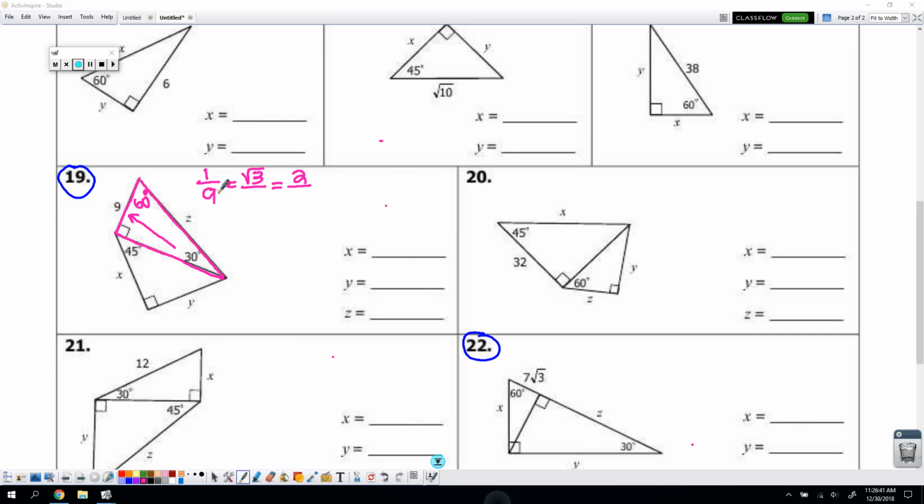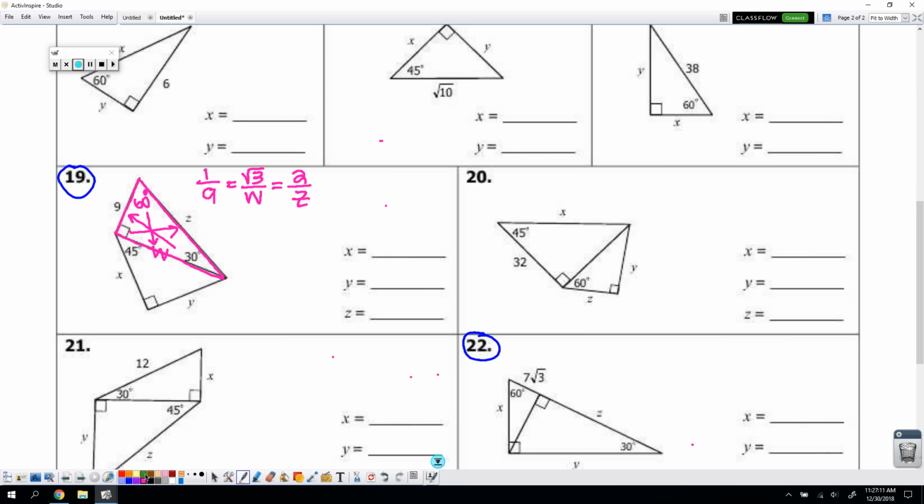Across from my middle one is nothing, but since that's where they connect, I have a feeling I might need to find it. So I'm going to call it, we use X, Y, and Z, we'll call it W, because I have a feeling I'm going to need to use it. Alright, and across from my biggest is Z. Now this is exactly like we've been doing every single other one.